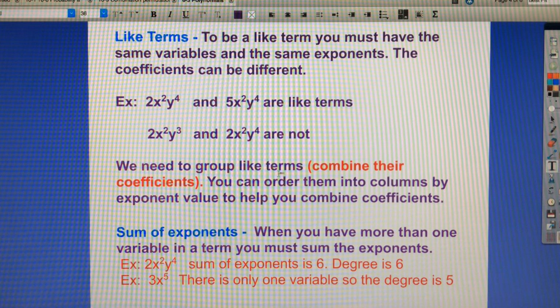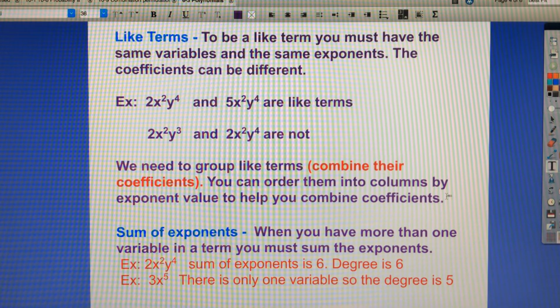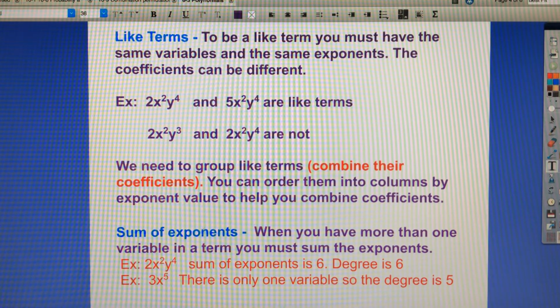We need to group like terms, meaning combine their coefficients. You can order them into columns by exponent value to help you combine the coefficients. Sum of the exponents. When you have more than one variable in a term, you must add together the exponents.